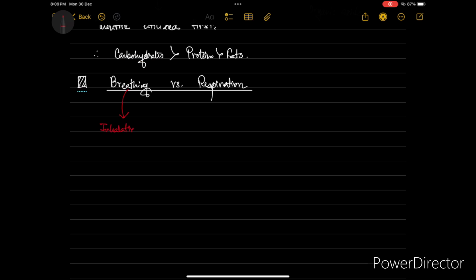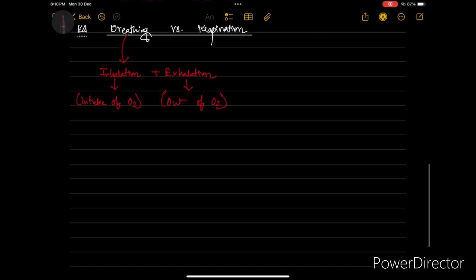Now the next topic is breathing versus respiration. Breathing involves inhalation as well as exhalation. Inhalation is the intake of O2, and exhalation is the release of CO2.